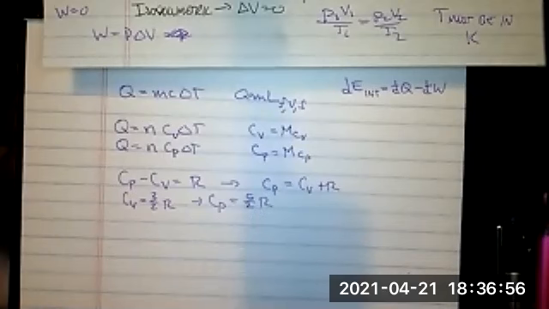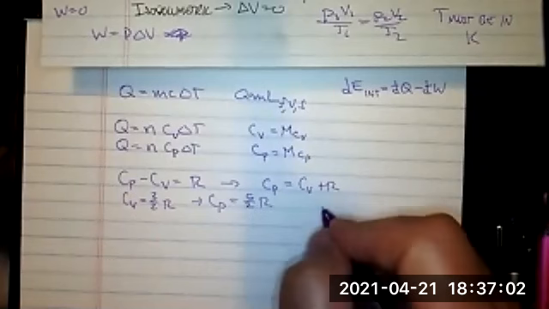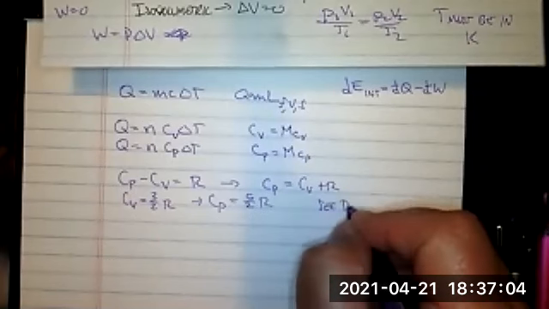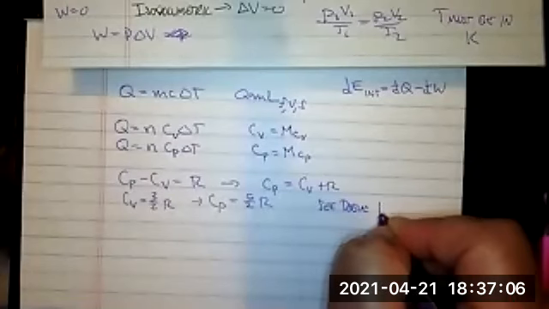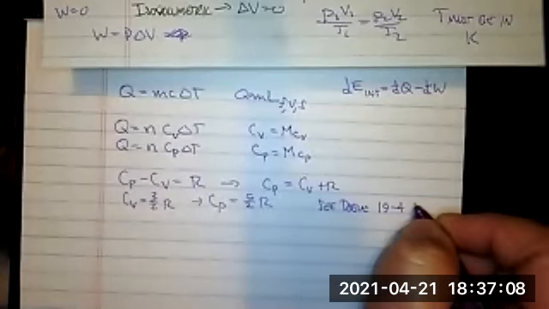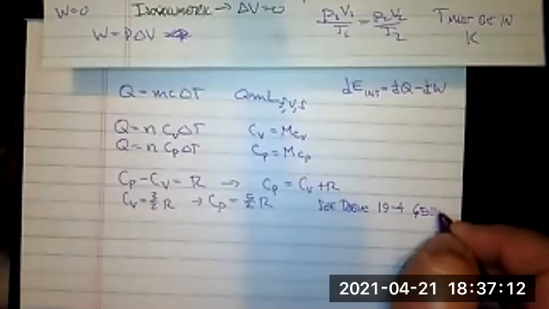And in fact, if you look at the data, which is expressed in table 19.4, and that's on page 511, you will see that the actual experimental results are pretty close.